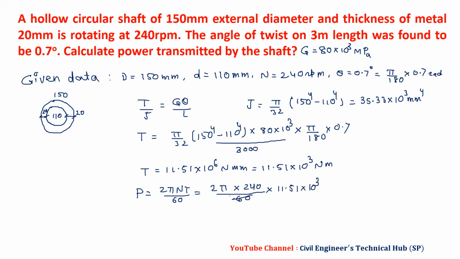So this becomes 4, so 8 pi into 11.51. It comes 289.28. So 289.28 into 10 raised to 3 watt. Therefore, we have P is equal to 289.28 kilowatt. So likewise, we have to solve the problems related with power.